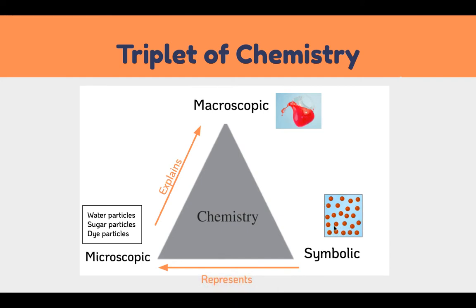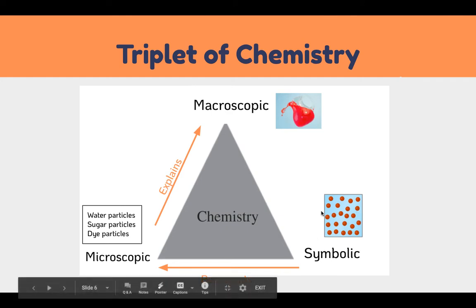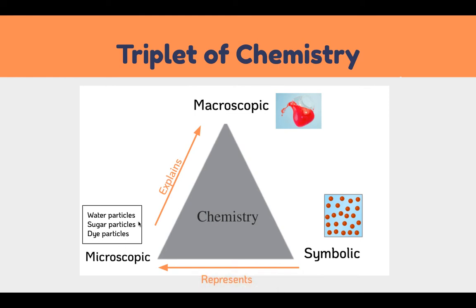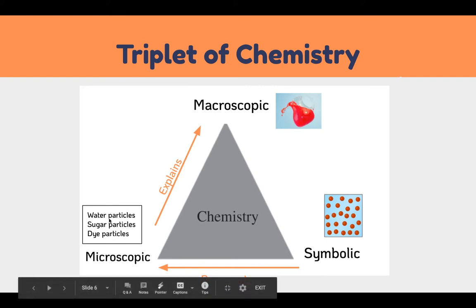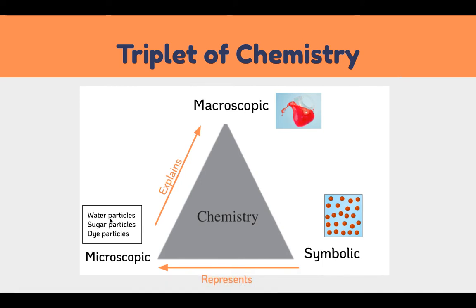The symbolic picture, these symbols, are really representing what's going on at the microscopic level. So you might see the different types of particles, for example. Like if we're talking about Kool-Aid, you have water molecules, you have sugar molecules, you have the dye particles, which are what give it the different colors.